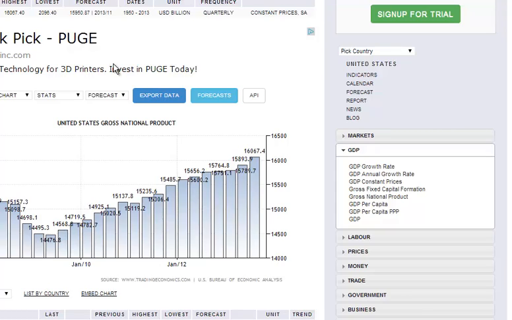So I Googled U.S. gross national product, or GDP. And this is very discouraging news. You see here that in most recent, this is 2013, we have $16,067.4 billion.